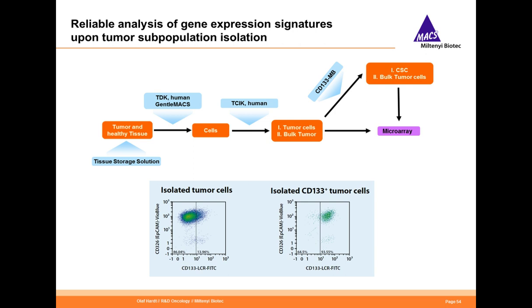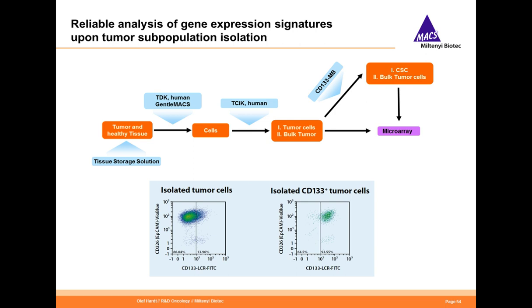So we have just concluded a small study where we have isolated a tumor subpopulation, CD133 positive tumor cells, from ovarian carcinoma. And usually what is mostly published and what most people are doing, they take the bulk tumor, dissociate it, and go straight on to isolation of their CD133 positive tumor subpopulation or CD44 positive, CD24 negative population.